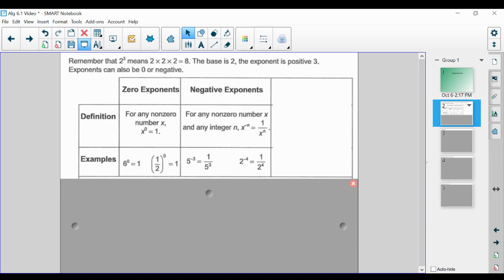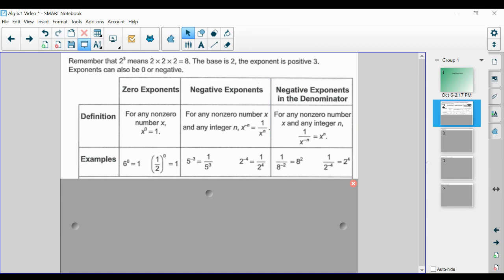Now, going back to what I was just saying with regards to negative exponents, we can have negative exponents in the denominator. For any non-zero number x and any integer n, if we have 1 divided by x to the negative nth power, that's equal to x to the nth. So again, in this example, the exponent that's negative, that power is in the denominator.